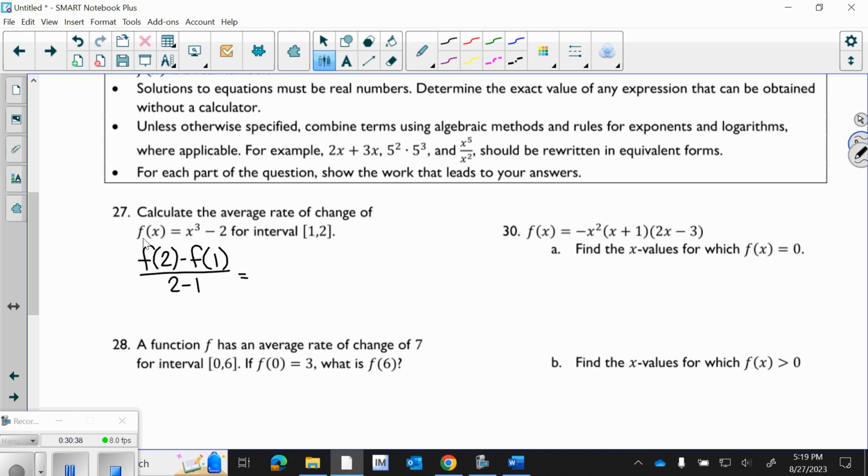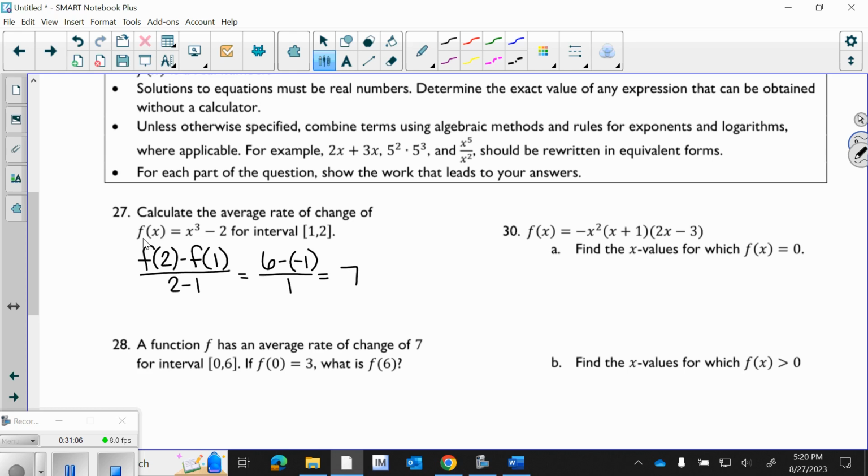I will input these values into my function. So when I put 2 into my function, I get 8 minus 2, which is 6. And when I put a 1 into my function, I get 1 minus 2, which is negative 1. 2 minus 1 is 1. Once I simplify things, 6 plus 1 is 7, and 7 divided by 1 is also 7.